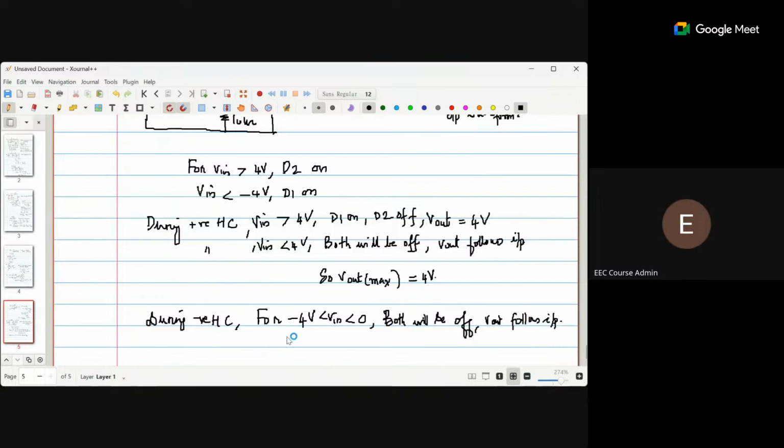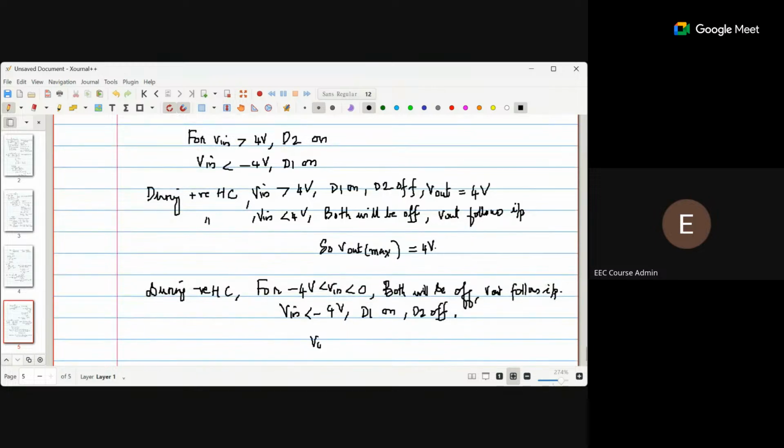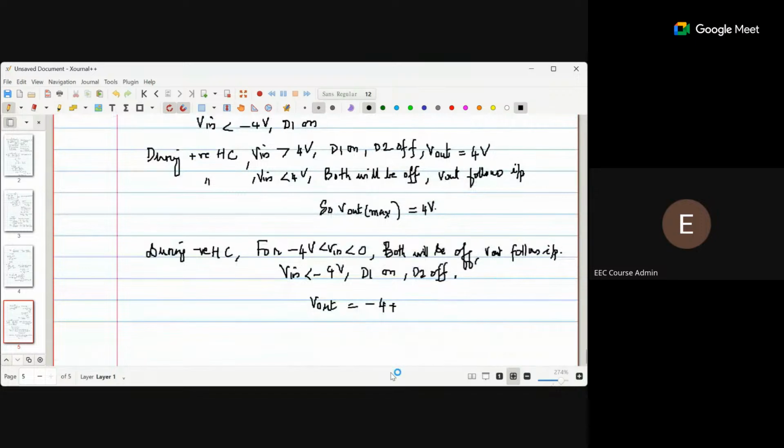And when V in is less than minus 4 volts, we had seen D1 on and D2 off. So V out will be minus 4 plus, you have a resistor there, correct? Yes, 10 kilo ohm into the current flowing, 10 kilo ohm into I.